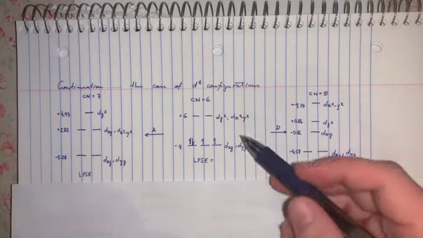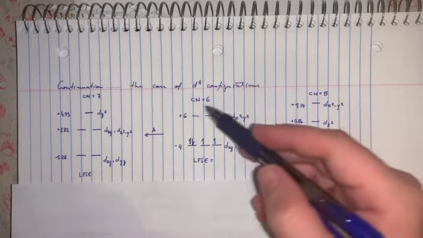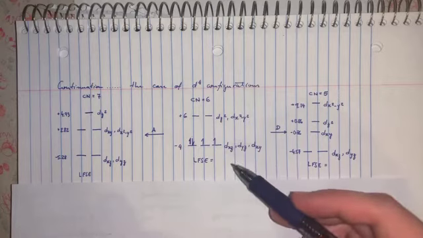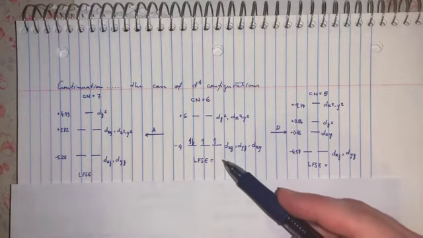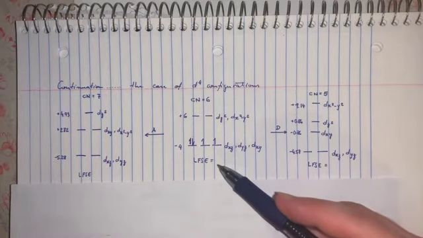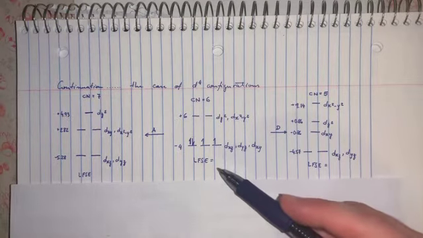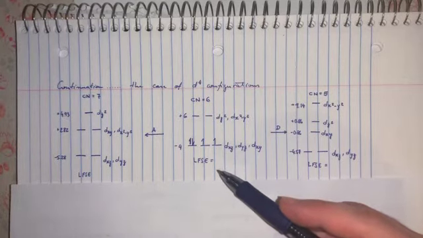Okay? And let's calculate the ligand field stabilization energy. And in this case, I will ignore the pairing energy, and there is a reason for that I will explain to you in a few minutes.